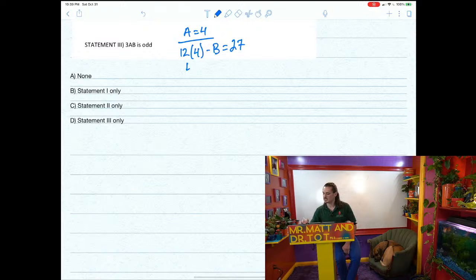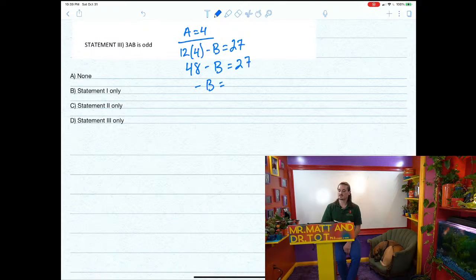Let me just check that. 27 minus 48, negative 21. That's what I thought. So multiplying by negative 1 on both sides, B is going to be equal to positive 21. So when A is equal to 3, B has to be equal to 9. When A is equal to 4, B has to be equal to 21.